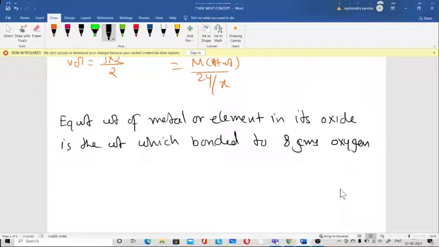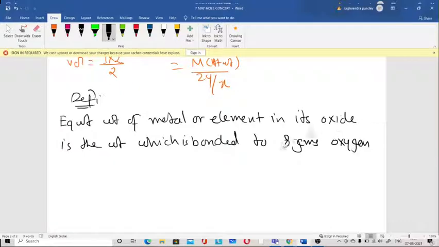Okay, this is another definition. And there are a whole lot of numericals based on this definition. Have you understood this one? Equivalent weight of metal or element, most of the time it is metal, in its oxide is the weight which is bonded to 8 gram of oxygen.